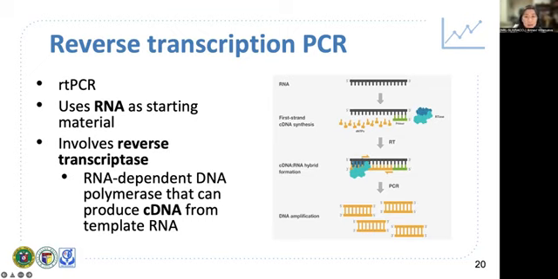So we have the starting material, which is your RNA, and then we produce the complementary DNA strand with the help of our reverse transcriptase enzyme. So para lang siyang si Taq polymerase, it also needs a primer. Again, primer is specific to your target region of your RNA naman.